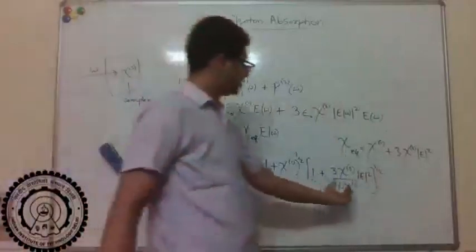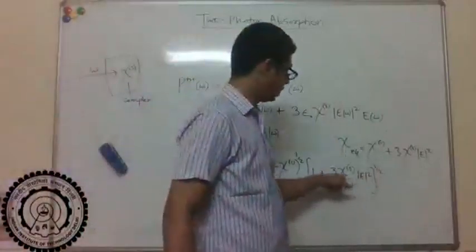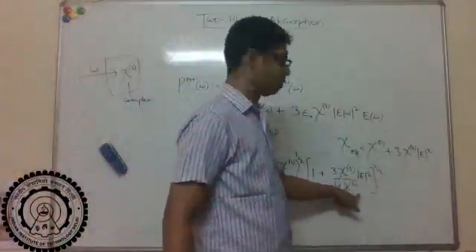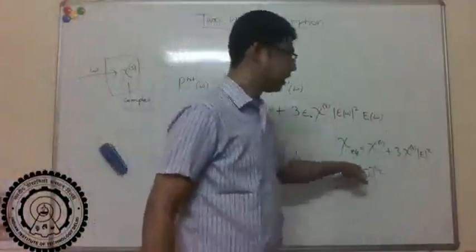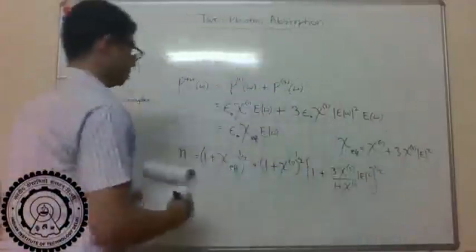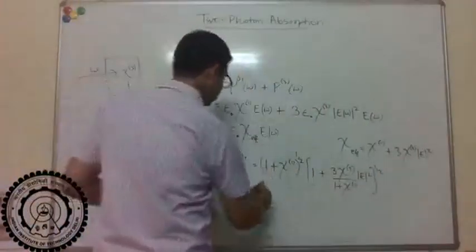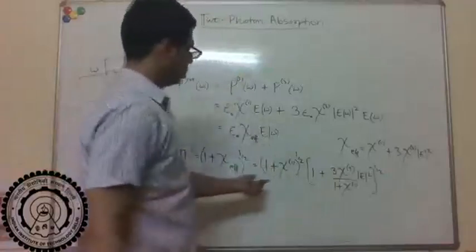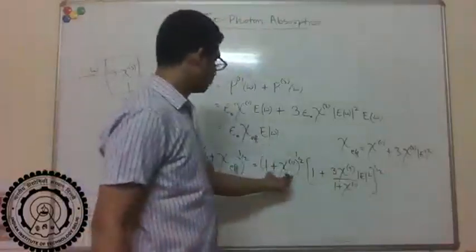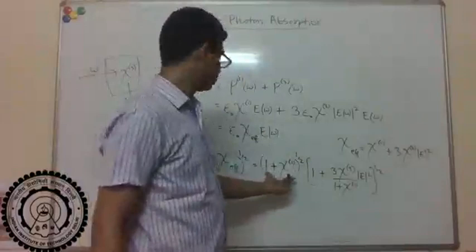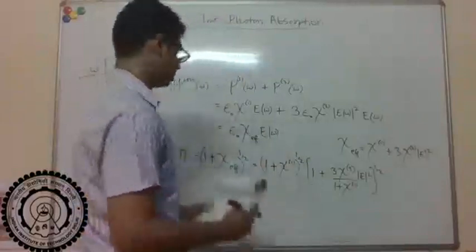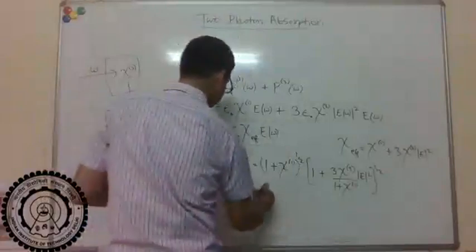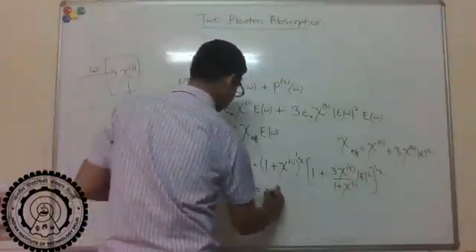And now we say that this term is very small. So this is the nonlinear term divided by the linear term. So this quantity is much smaller than 1. So we use the Taylor expansion again, right? And we recognize that square root of 1 plus chi1 is the bare refractive index, or the linear usual refractive index, which we call n0.